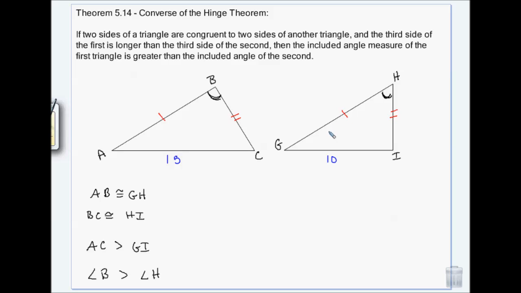So it's the same thing as the last theorem, only in the last theorem we said if the angle was bigger, that meant the leg or the base was bigger. And here it's saying if the leg is bigger, then the angle is bigger.